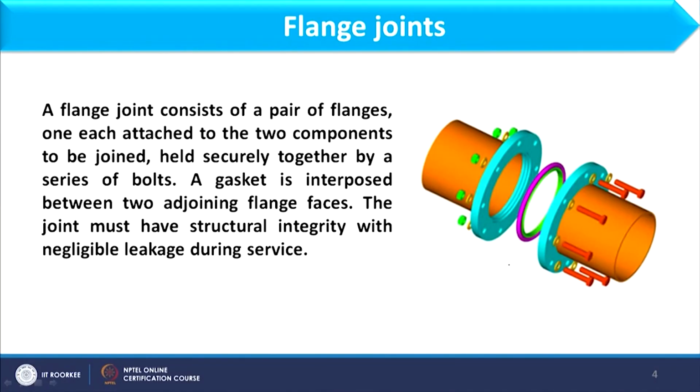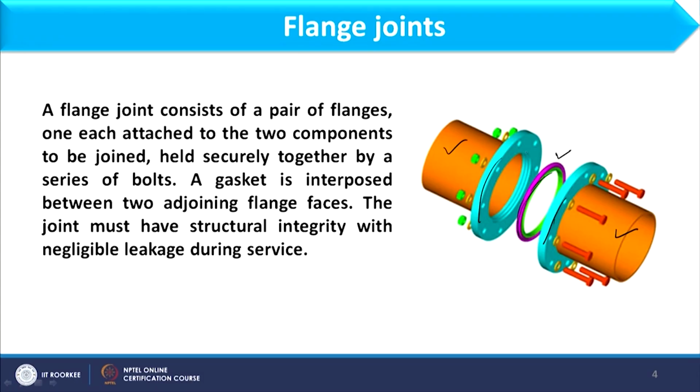So, let us discuss the flange joint, how it is connected. Here I have the connection where this is a pipe and this is a pipe of equal diameter. Now, if you consider this blue part, these blue discs are basically flanges. And when we are joining these two flanges, we usually put a metal or rubber ring, and that ring is basically called a gasket.